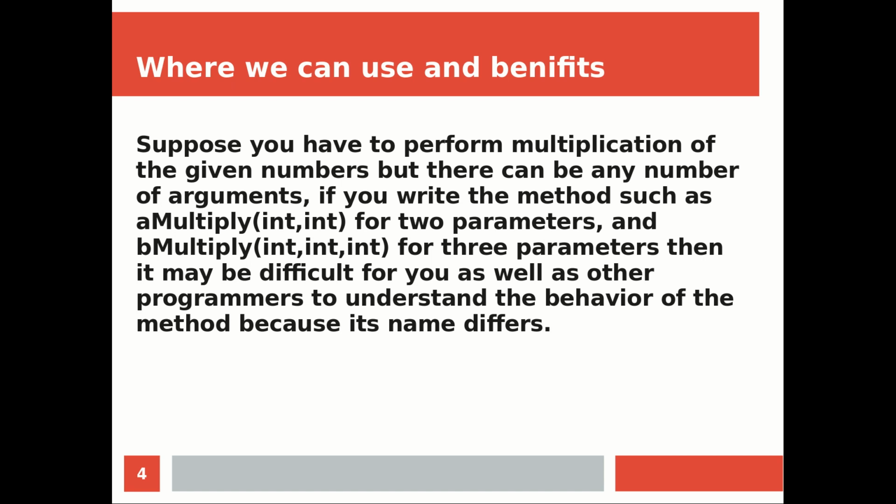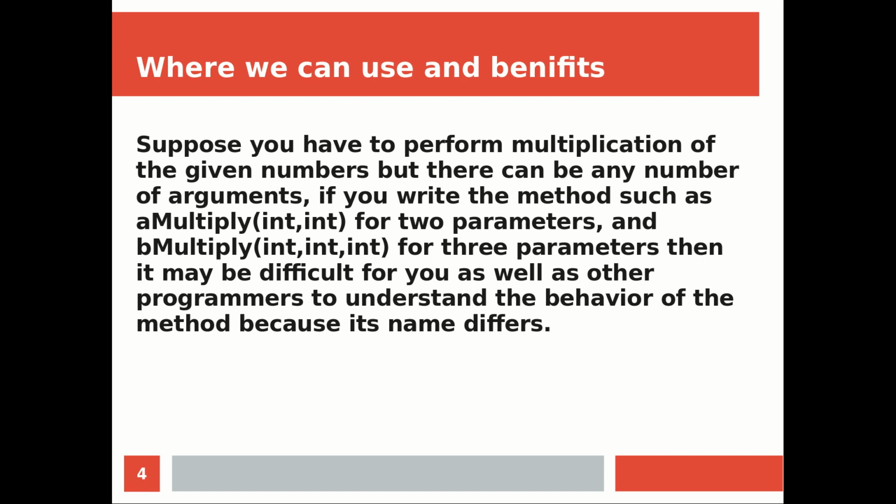Now the problem is, if another programmer makes changes in the same class, he will see that these 2 methods, a multiply and b multiply, have already been declared. It is not good for reading, programmatically it is not in a readable form.